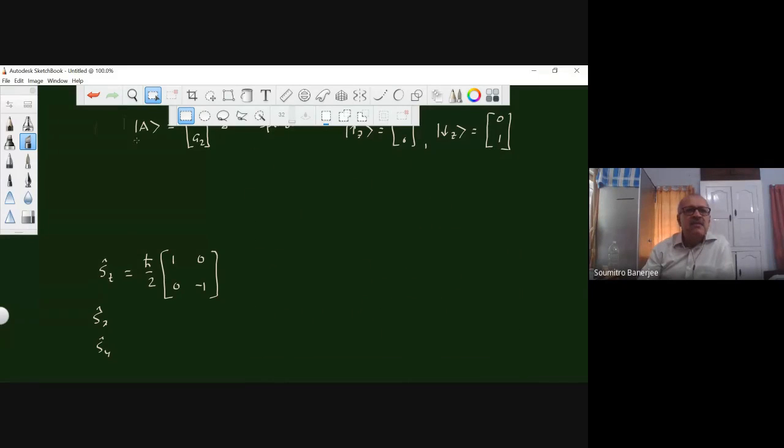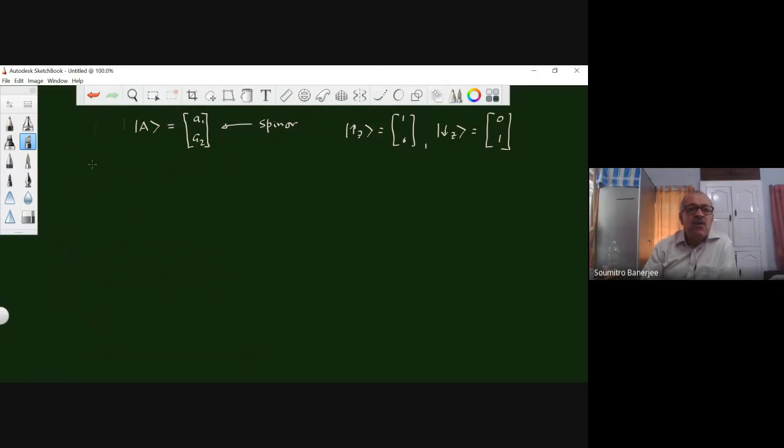You can also erase this. Let me write it in one shot, all the three. What I found was that there's only one solution to this situation, where the demands are placed, and this is Sx equal to h cross by 2, (0, 1, 1, 0). Obviously, it is Hermitian. The diagonal terms are real.